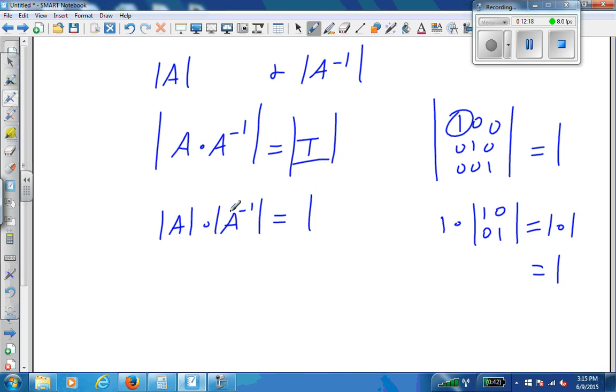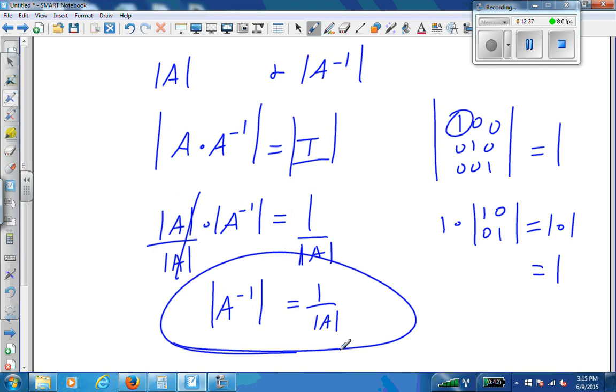So if we want to know the determinant of A inverse, divide both sides by the determinant of A. So the determinant of A inverse is 1 over the determinant of A, which is sometimes easier to calculate than determining what the inverse of A is and then coming up with its determinant. If you just come up with A's determinant, then 1 over that is the determinant of the inverse.